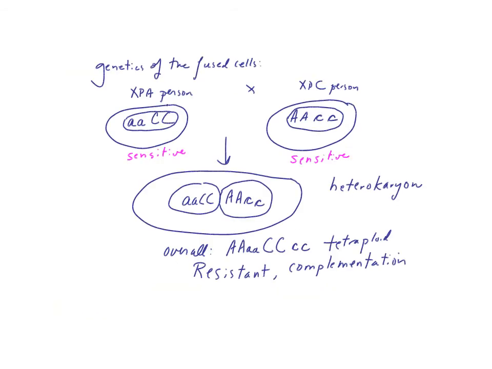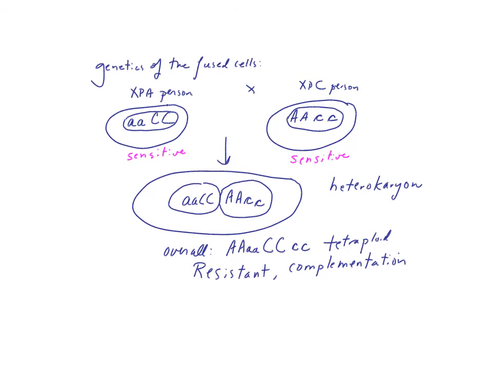Okay, representing that, if I have cells from an XPA person, okay, we're going to make tetraploids. This looks weird, but there you go. So the XPA person will show as little a, but they're normal for all the rest of the genes, so we're going to be considering the XPC person, so we'll write in the C. So they're little a, big C, and cells from the XPC person are big A, little c, little c. So the XPC person has two defective alleles of XPC, but they're wild type and normal for all the rest of the genes.